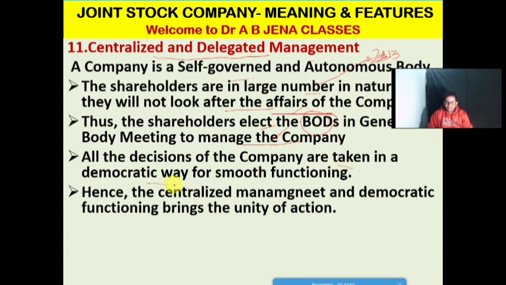In a democratic way for smooth functioning, because the board of directors are normally elected by the shareholders. Hence the centralized management and democratic functioning bring unity of action. Unity of action means one plan, one head.